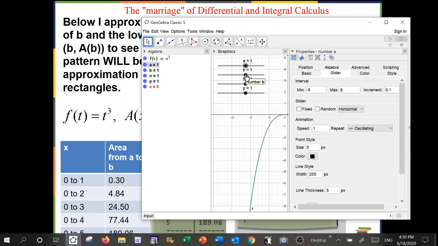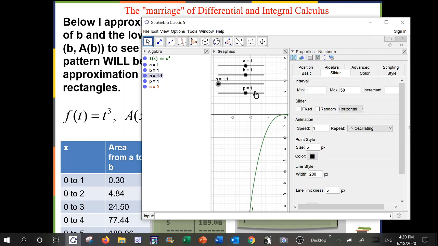Then I click on B and do the same thing here, step by 0.1. Then I'm going to click on N. Now N, I just want it to start from 1. That's the number of rectangles, 1 to 50. That's good enough, and the increment would be by 1.